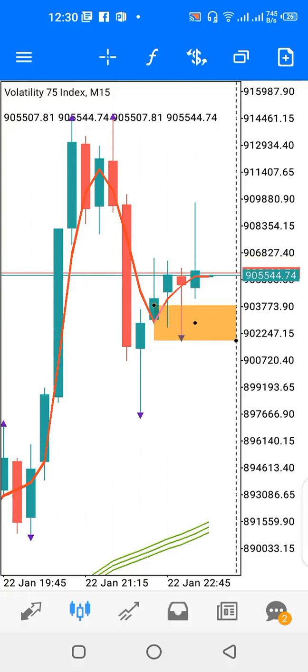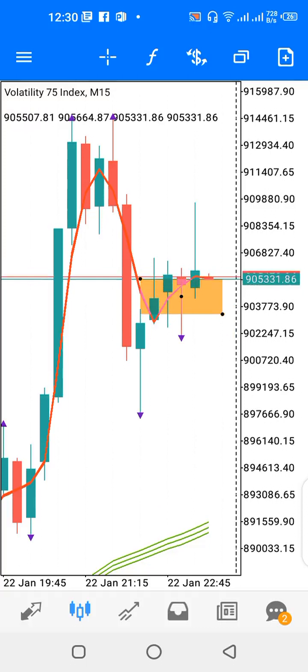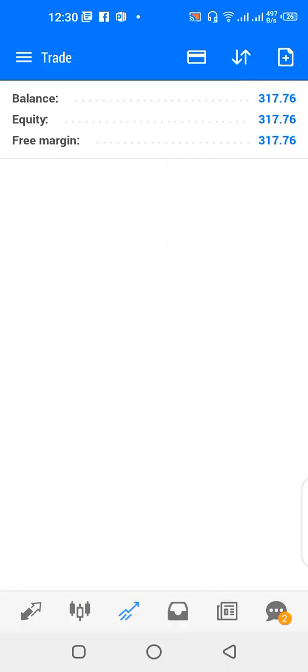So constantly practicing the Grail edge strategy will give you more insights on how to trade the strategy effectively, to constantly make profit and grow your account. Don't forget, for 0.001 as a starting lot size, your minimum balance must be $300.